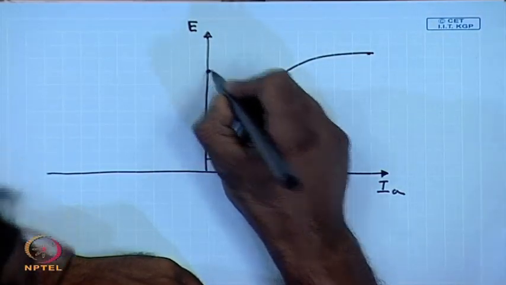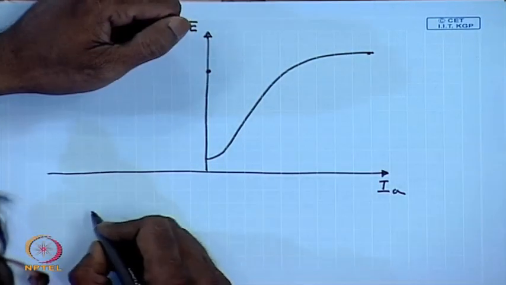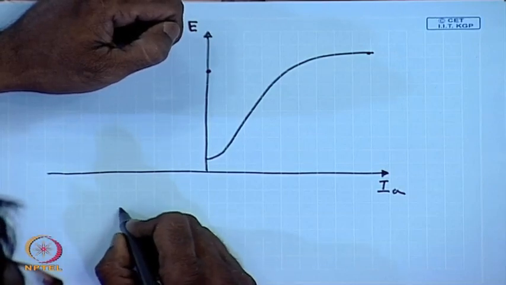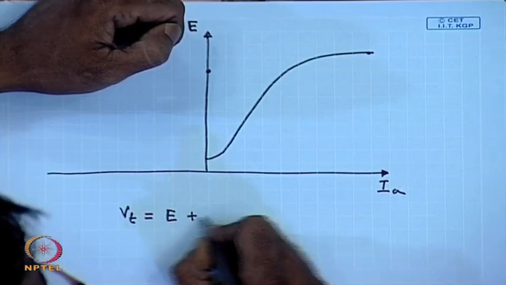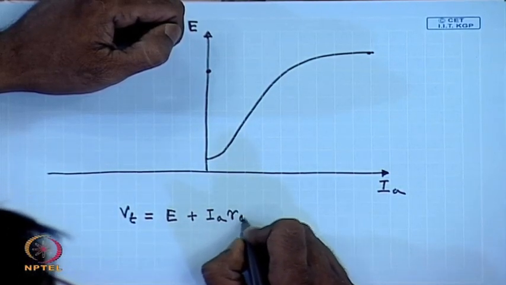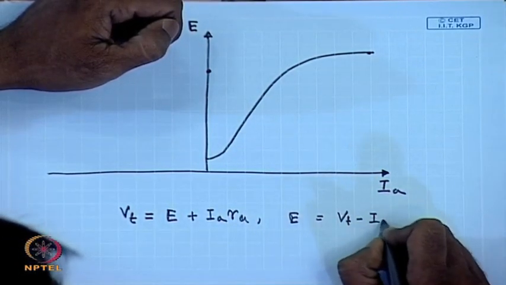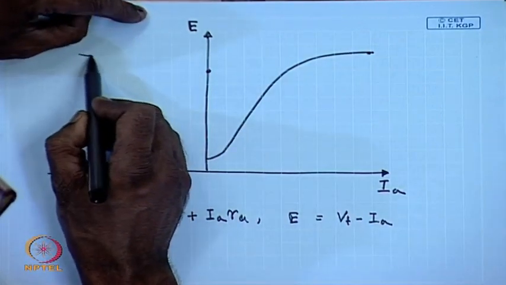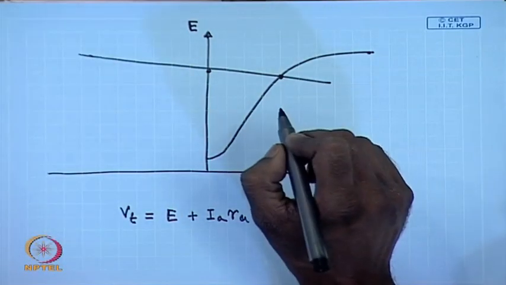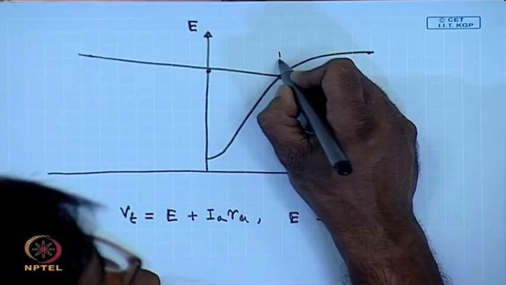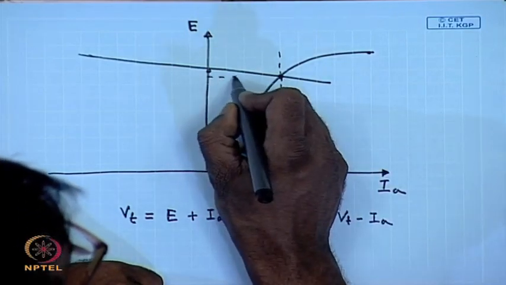When operated as a motor, Vt equal to E plus Ia Ra, or E equal to Vt minus Ia Ra. Therefore, the load line is somewhere here. And this is the point where the machine operates.